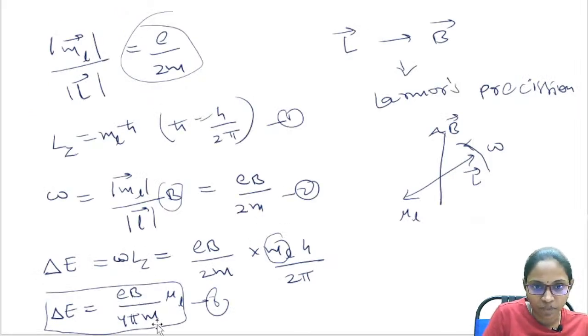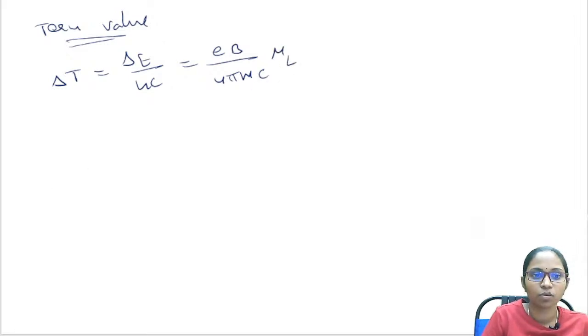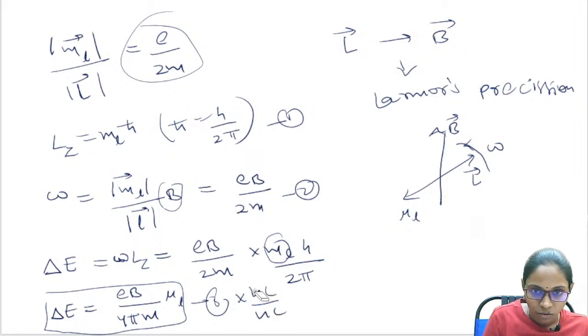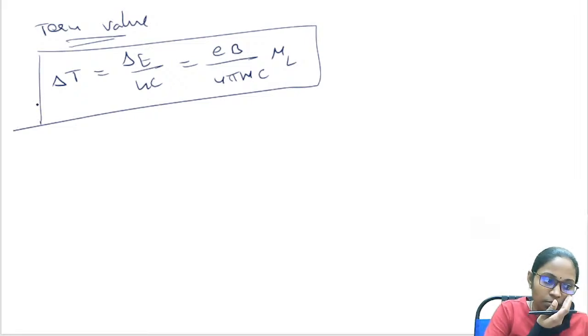If you divide the energy equation by hc, then you will have the term value as EB by 4 pi mc into mu L. Dividing this equation by hc, you will have delta T. I forgot to write the h value here. The h's get cancelled, so you are left with EB by 4 pi mc into mu L. This is the term value.